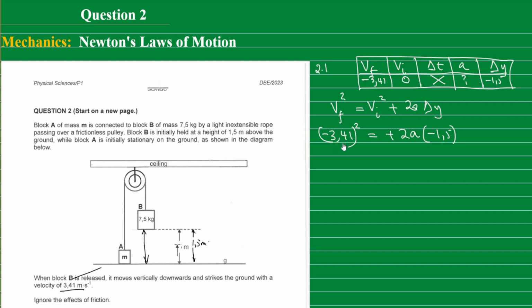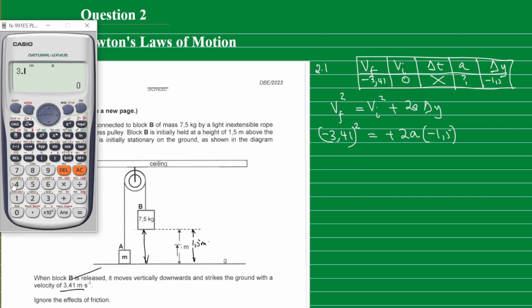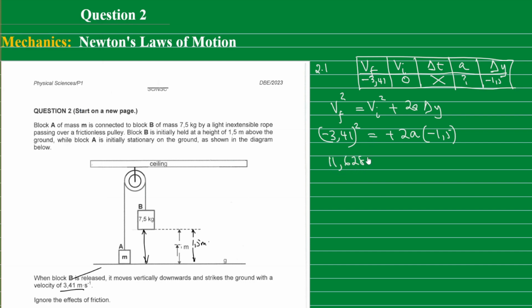Squaring, 3.41 squared gives us 11.6281, which is equal to negative 3a. We divide by negative 3 on both sides, so our a will be equal to that.